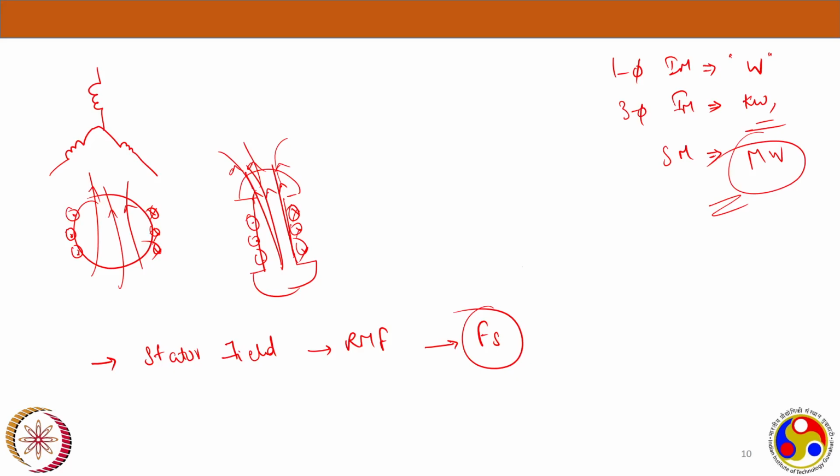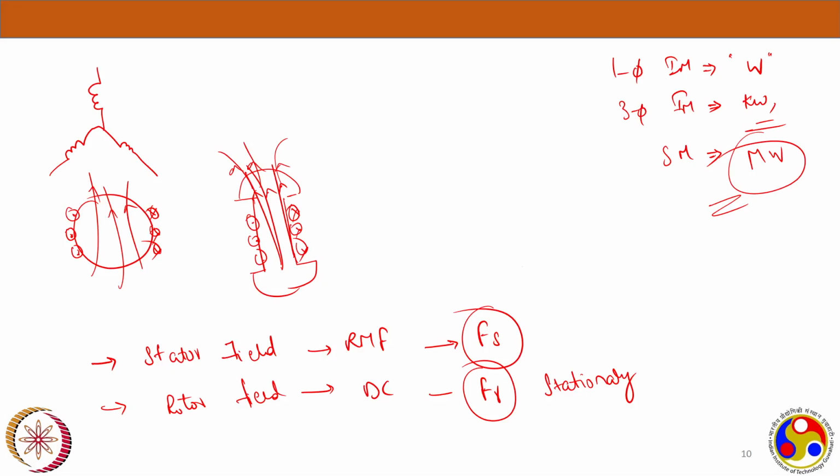No. Since it's a DC rotor field, you will have some field, but it's stationary. It's not rotating, because when you give DC excitation to a current-carrying conductor, it will generate some field.